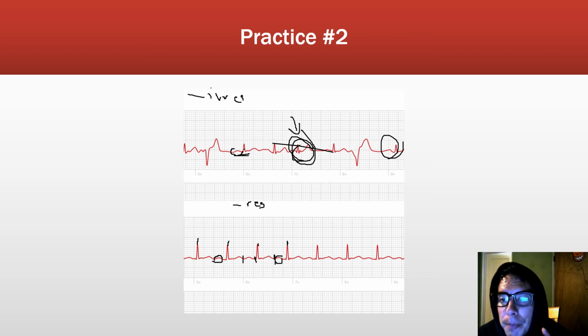So now that we have our intervals, our P waves, our regularity, and our rate, we would determine the rhythm and name it. In this case, I would call this one sinus tachycardia, and then probably, which we'll learn about later as well, first degree AV block.